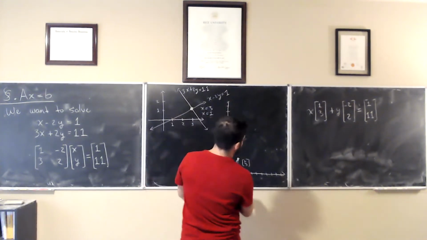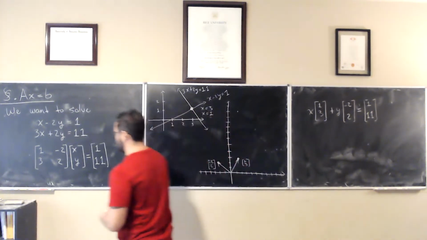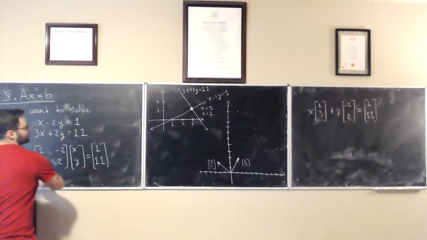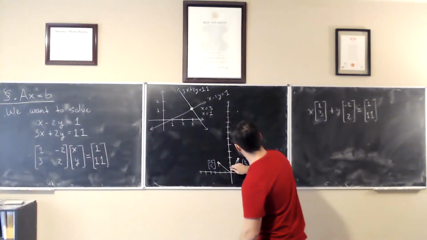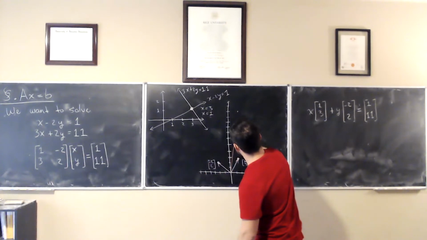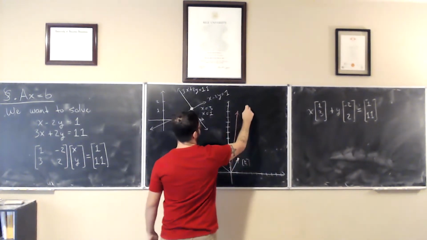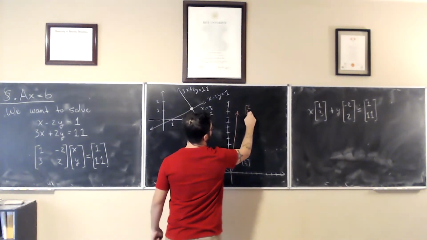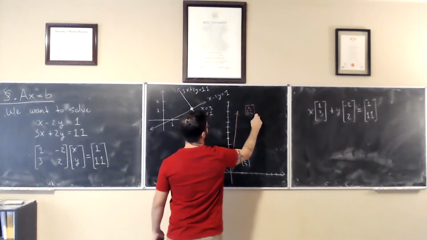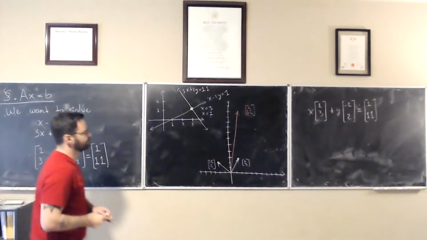So that vector is 1, 11. So it's like way up there in red. This is the one we want. That's the vector we want.